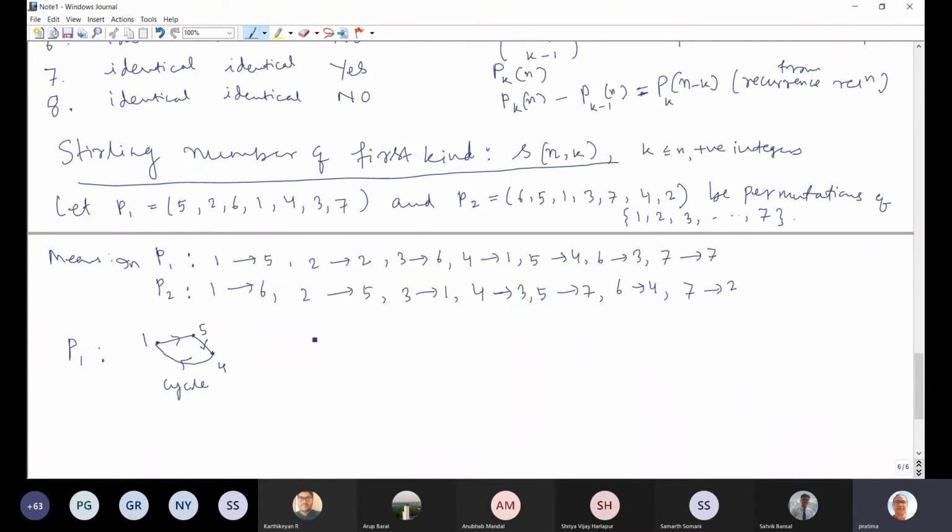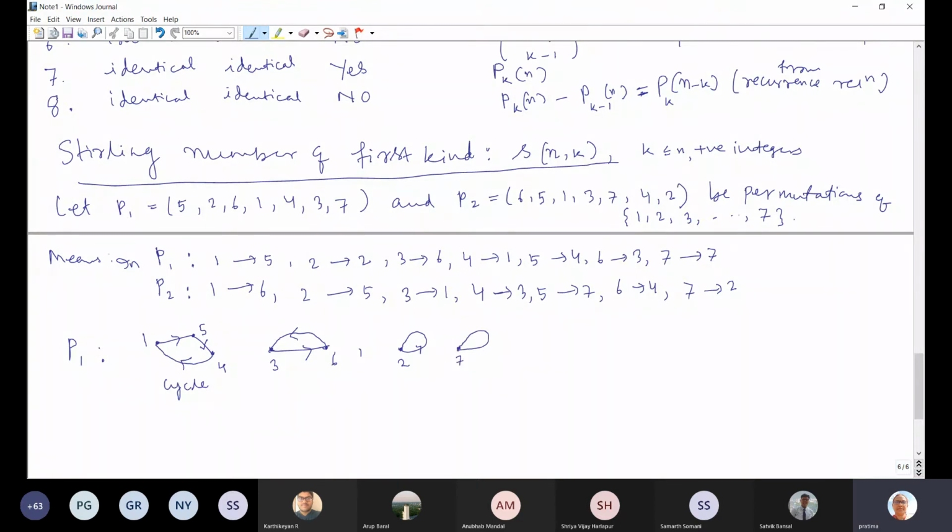Similarly, there is another cycle in P1: 3 maps to 6 and 6 also maps to 3, the reverse. So this is also a cycle, a cycle of length 2. And what about the others? 2 maps to itself, a cycle of length 1, and 7 also maps to itself.